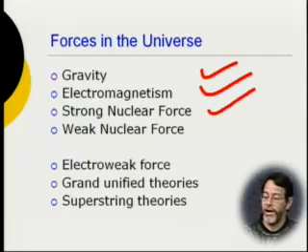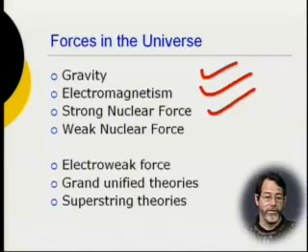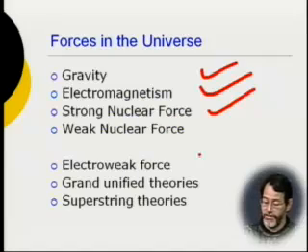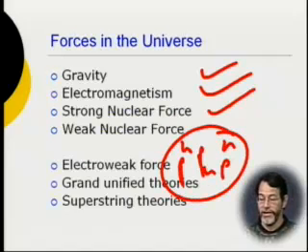Nuclei are not held together by electricity and magnetism or gravity. They have too little mass for gravity to be an important effect in a nucleus. If you think of a heavy nucleus, it has lots of protons and neutrons in it. So P, N, N, P, N. Usually it's drawn in a circle.